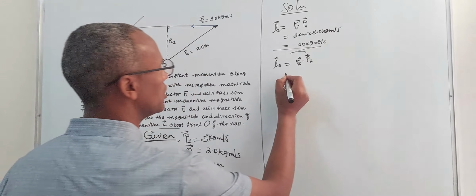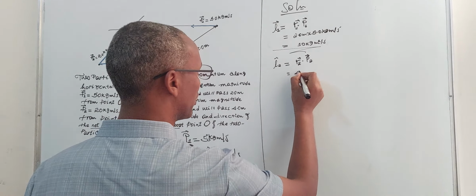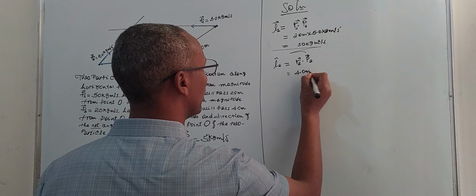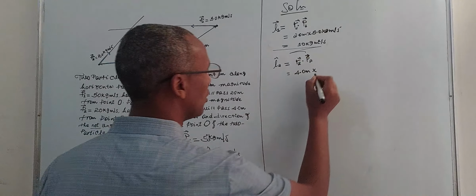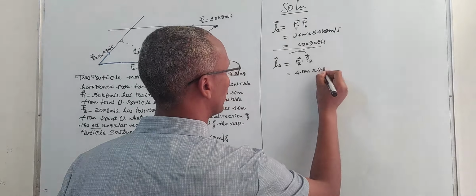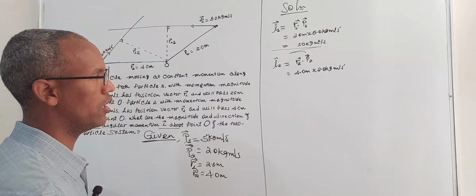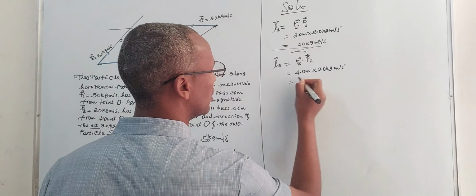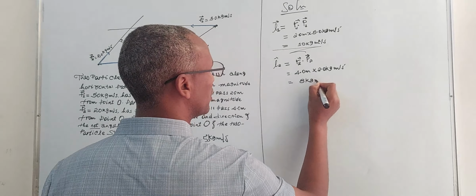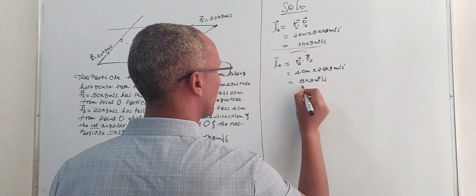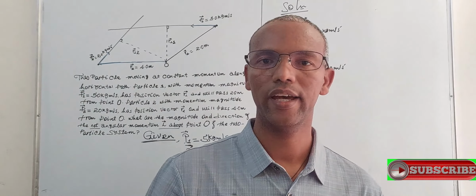You can plug this in over here, which is 4 meter, multiplied with the linear momentum, which is 2 kilogram meter per second. Now, you will get that it is basically 8 kilogram meter square per second. That is the angular momentum for particle 2.